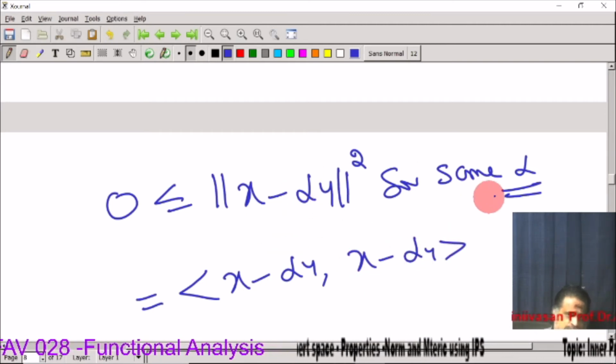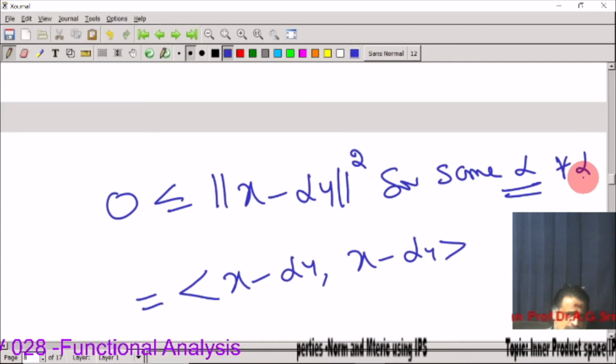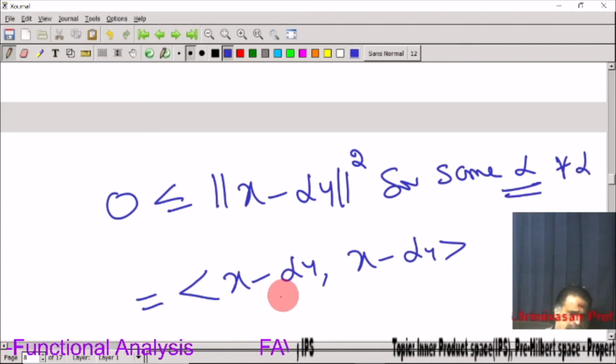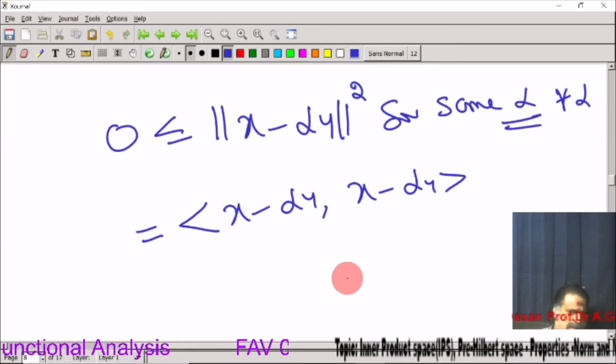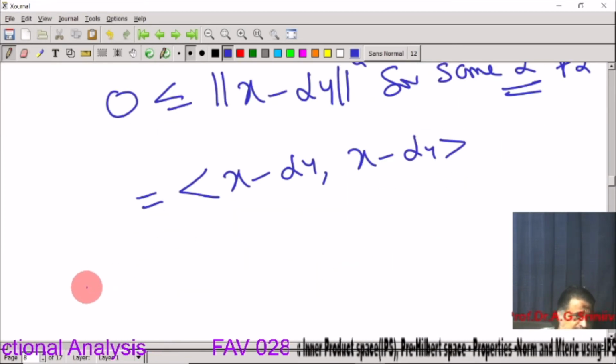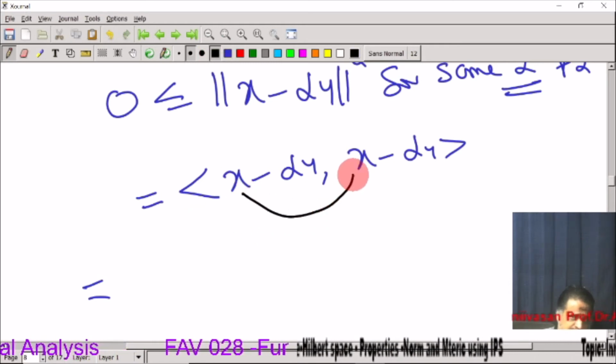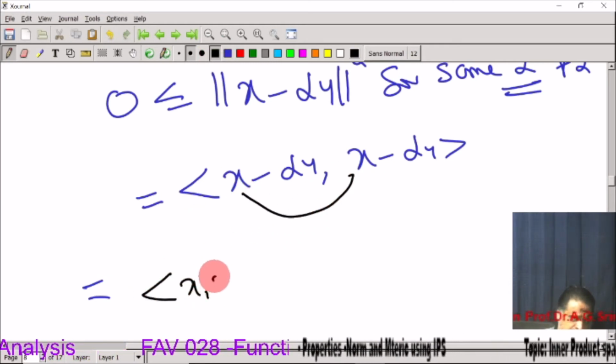So, of course, this is true for every alpha. Please remember, but at least it's true for some alpha, that is guaranteed. So I just take it as equal to inner product x minus alpha y comma x minus alpha y. This we write very cleverly. That's the cleverness of the Cauchy inequality. What is the first part? Inner product xx.